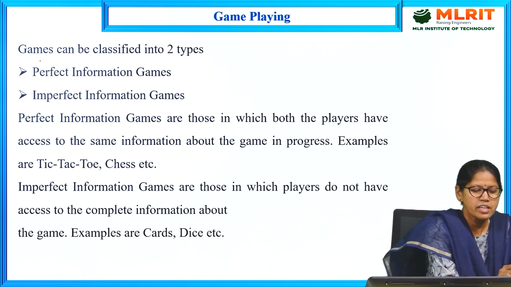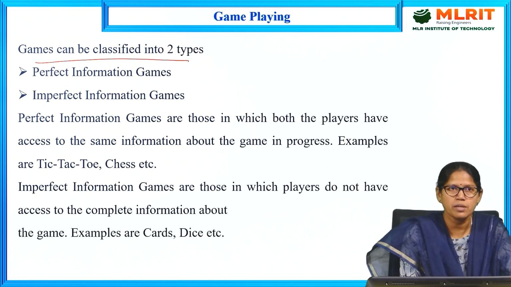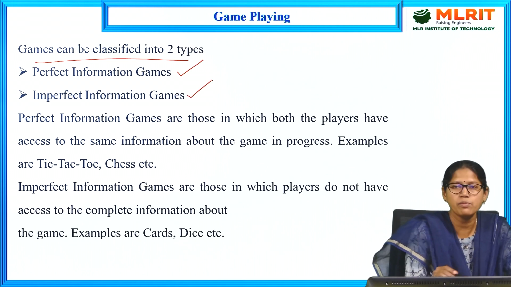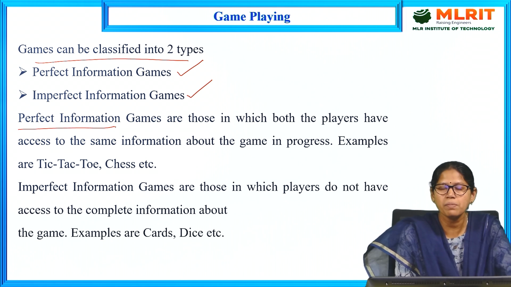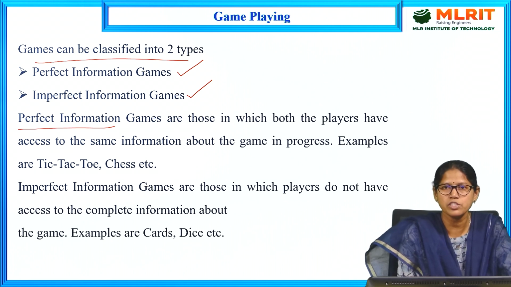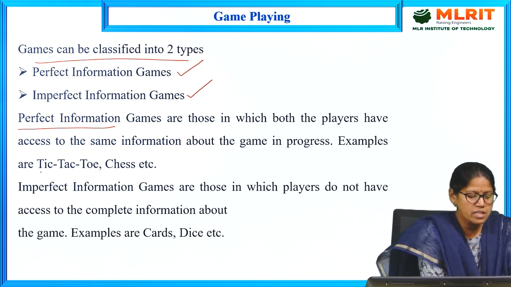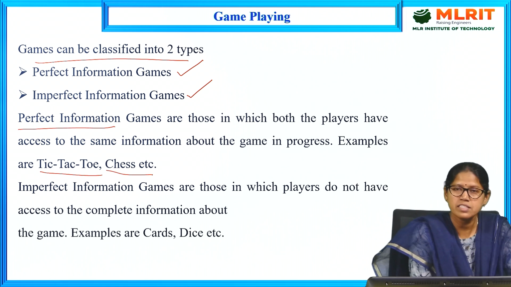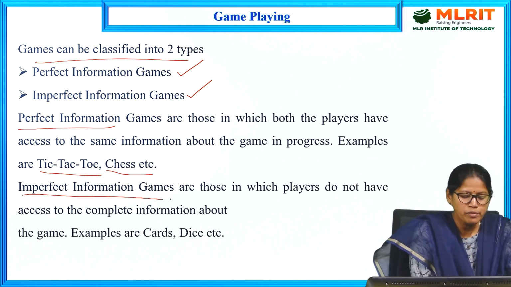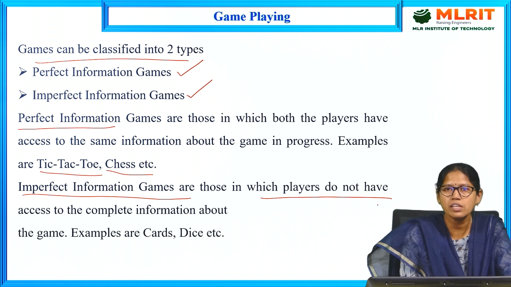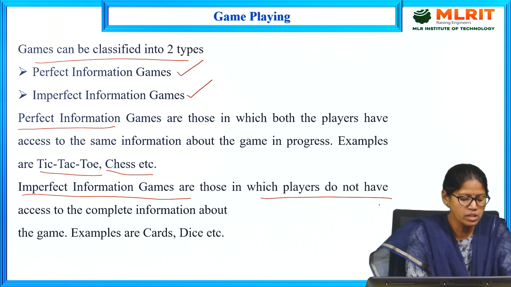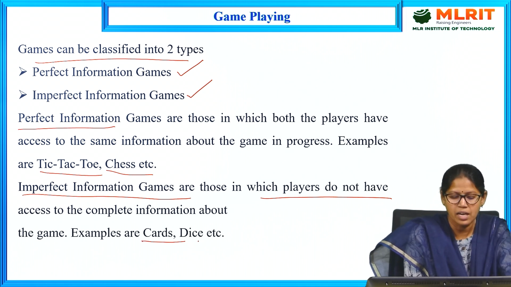Let's see, games can be classified into two types: perfect information games and imperfect information games. In perfect information games, both players have complete information about the game, such as tic-tac-toe and chess. Imperfect information games are those in which players do not have complete information about the game, such as cards and dice.